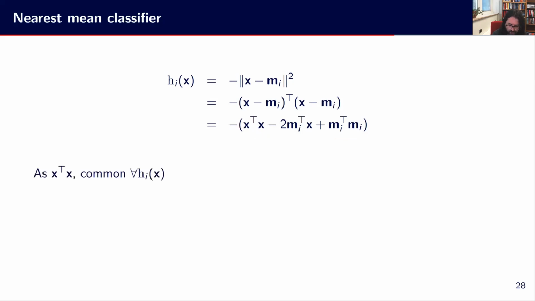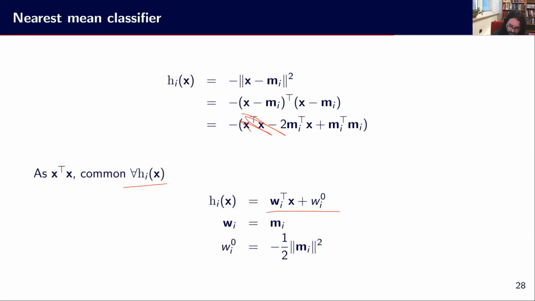As x transpose x is common among all hypotheses, we don't care about this because this is constant for the classes. We can just state that our hi is equivalent to a linear model. So this linear model is wi transpose x plus wi0.